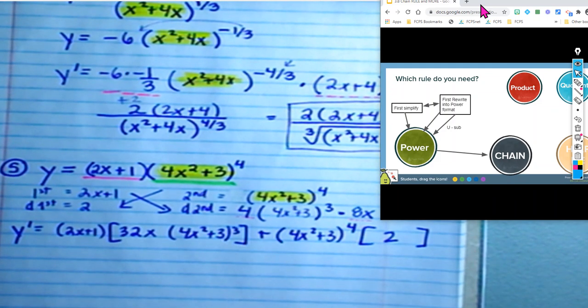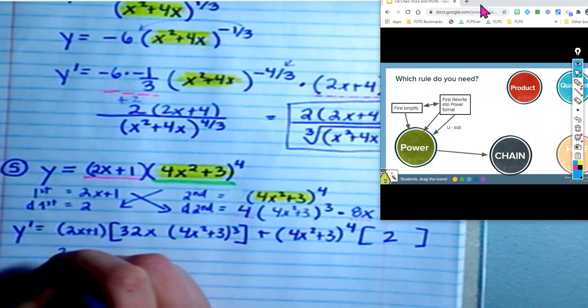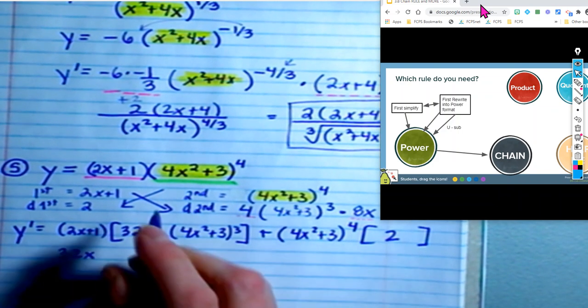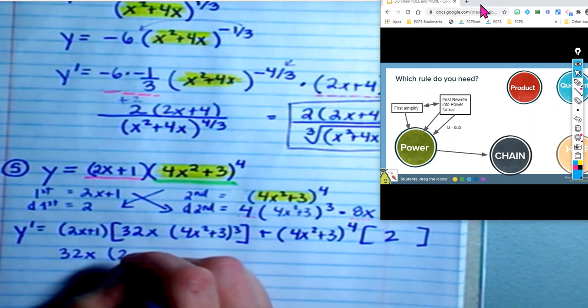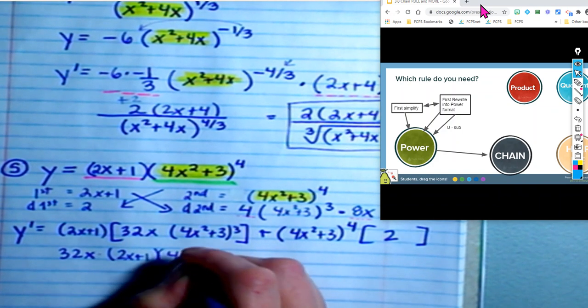That's it, guys. I know it looks kind of crazy, but this is it. And the only thing we're going to do is try to get rid of these extra grouping symbols, okay? So let's look here. 32, because there's no parentheses, then I'm going to put the 2x plus 1, and then I'm going to put this part here.